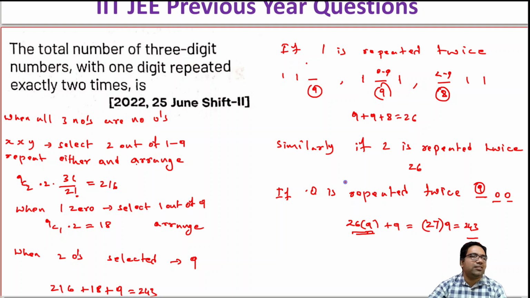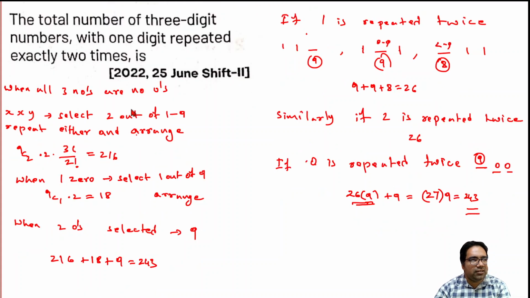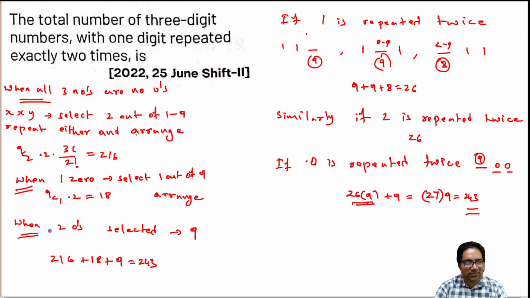This is one way of looking at this problem. Another way is, when two of the digits are repeating and you are looking for three-digit numbers, we can see it as the case where all three digits are non-zeros, or when one of them is zero, or when two of them are zeros.